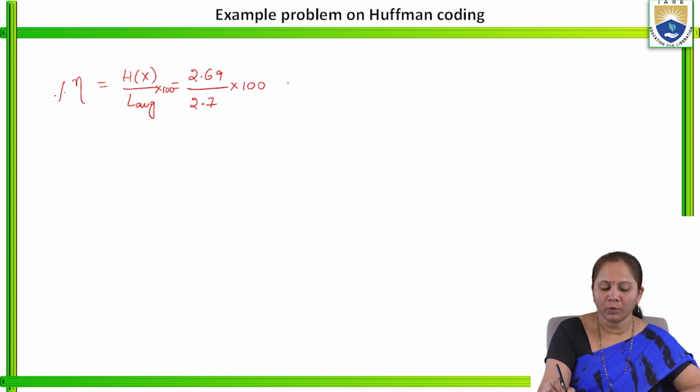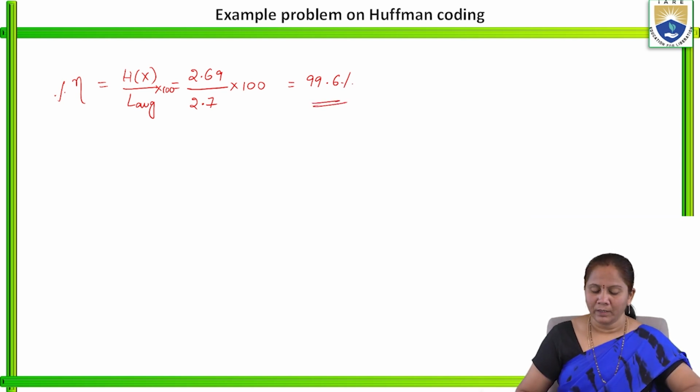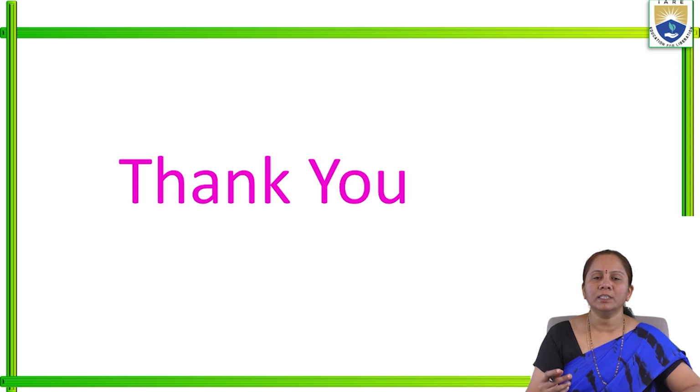So the efficiency we are going to get is 99.996%. In this way, we have to apply the Huffman coding algorithm to solve any problem.